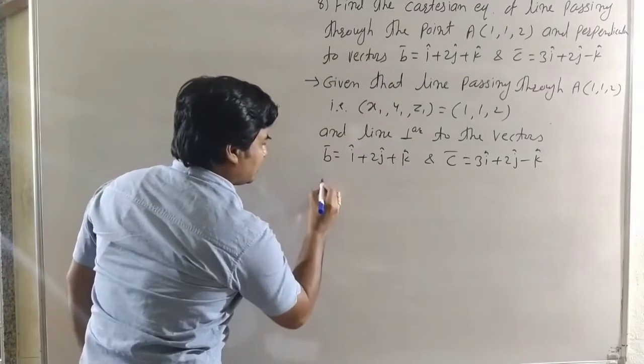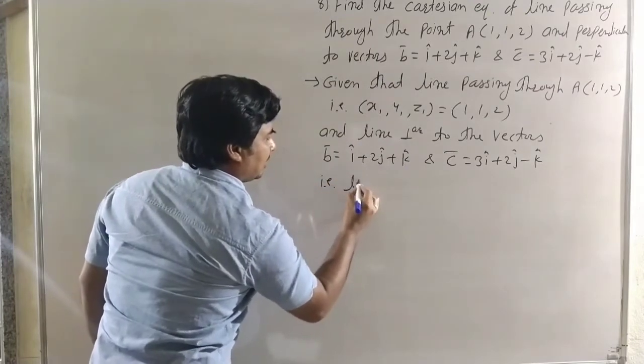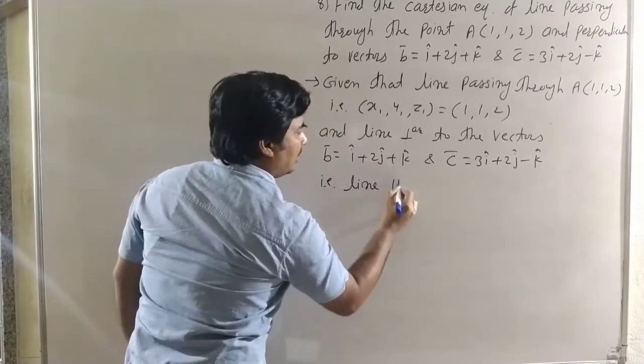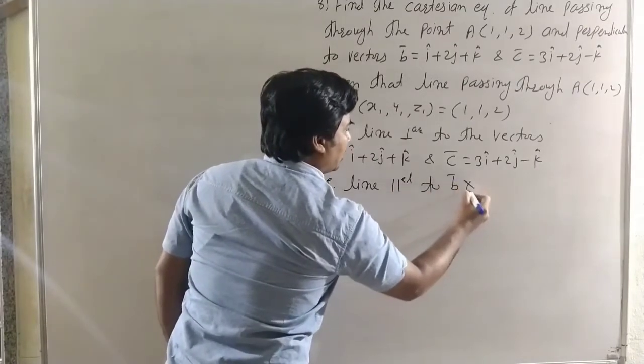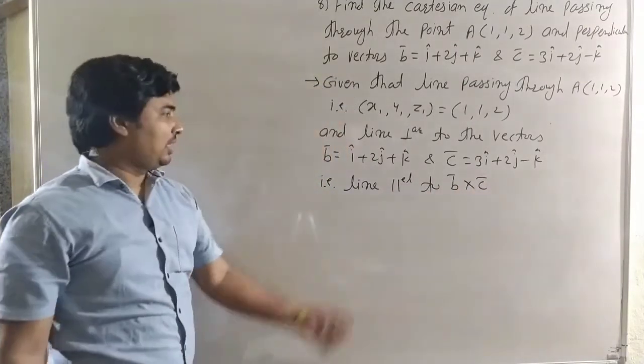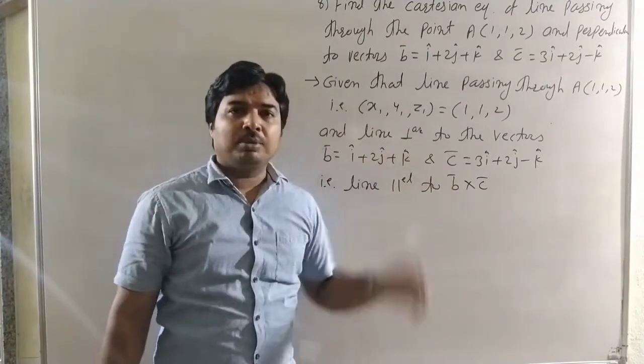That is, the line is parallel to the vector B bar cross C bar.